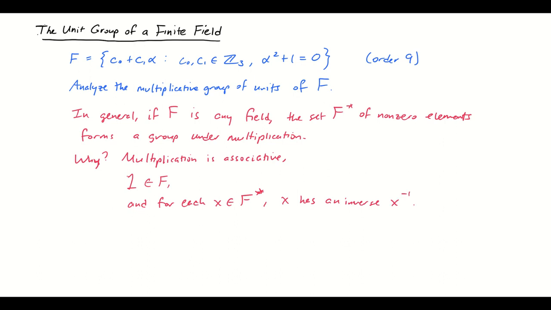That's the definition of a field. So those are the three things that are required to be a group. And in fact, we can also say multiplication is commutative because we're in a field. So not only is F star a group, it's an abelian group.